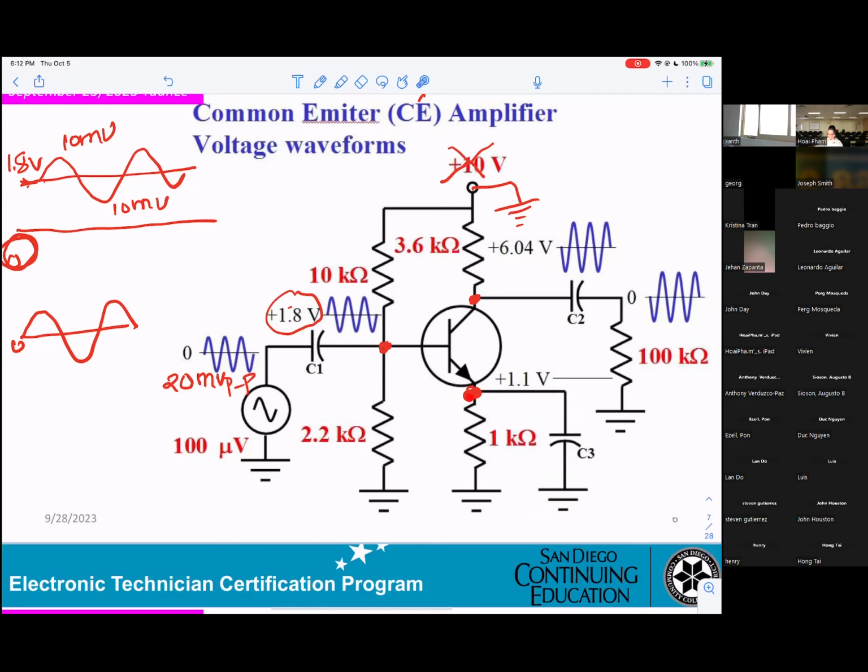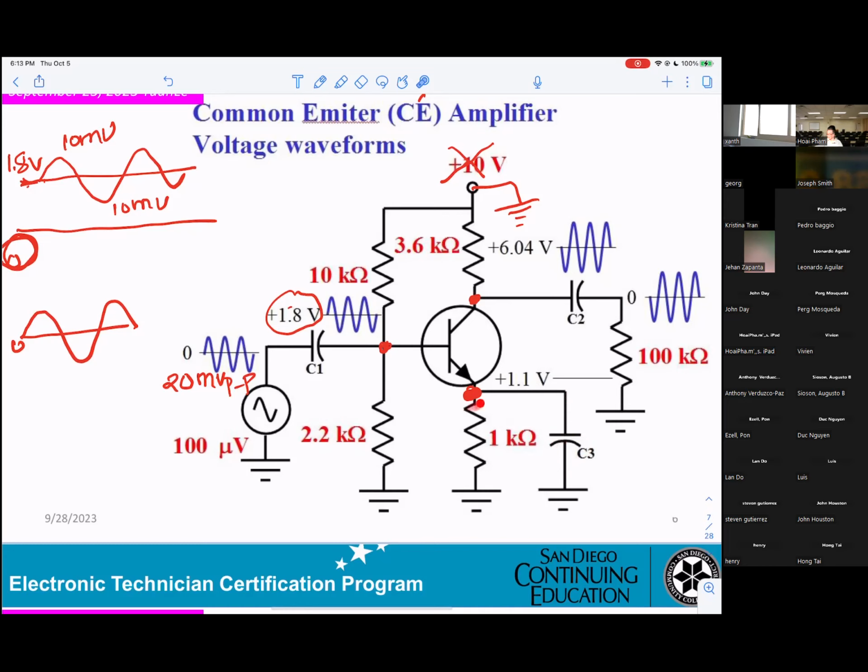If you measure here, you get a sine wave like that one. What happened? It's not filtered yet. Not bypassed, right? That means something is wrong with C3. It's supposed to be bypass, but it's not.